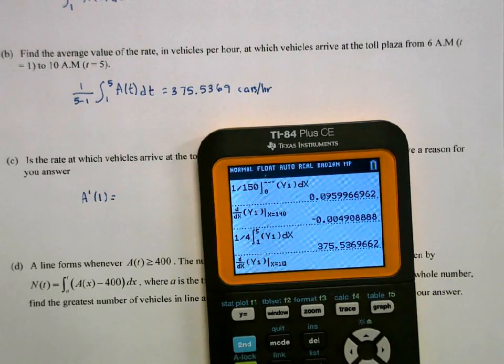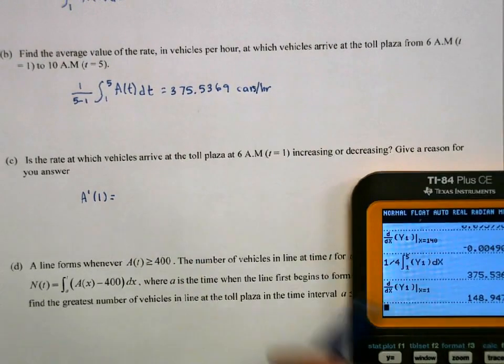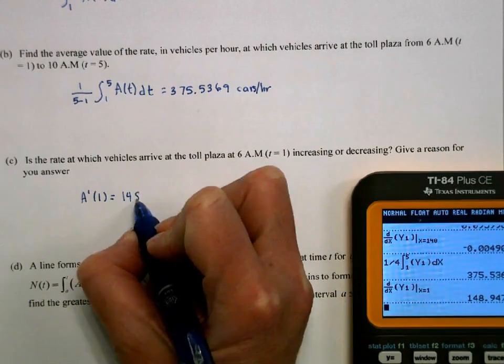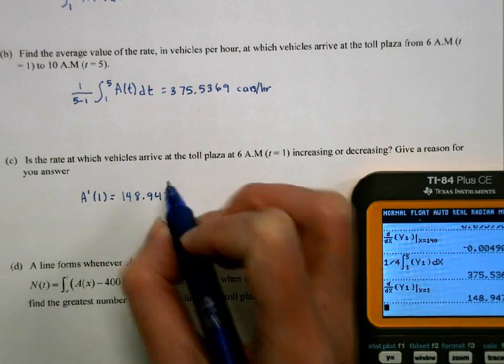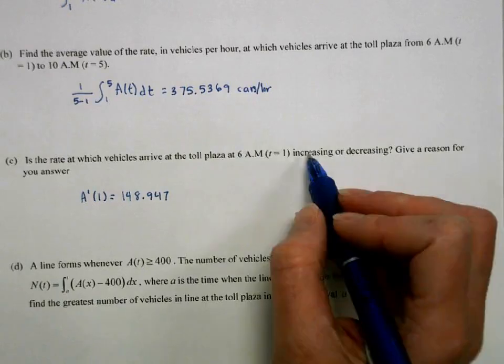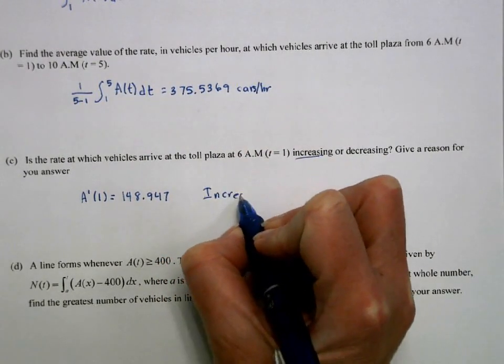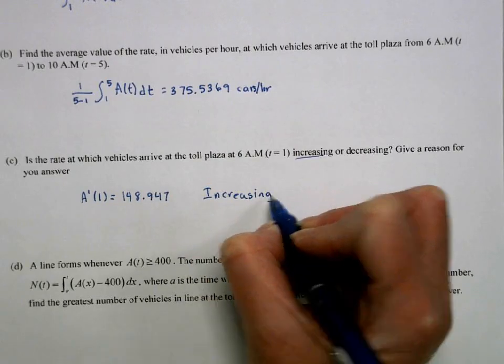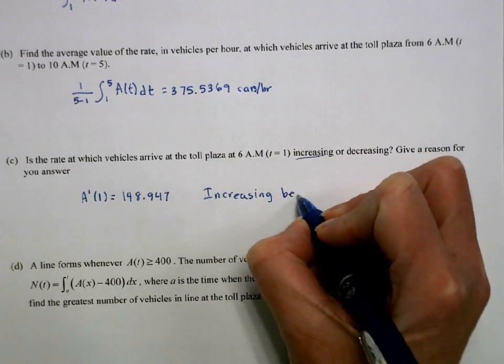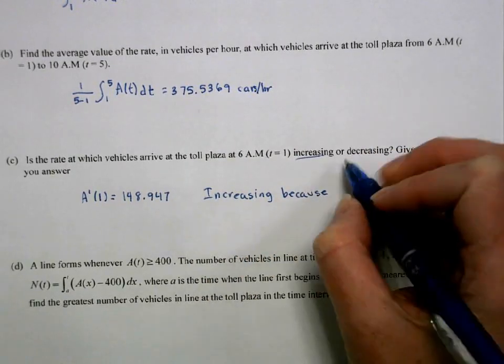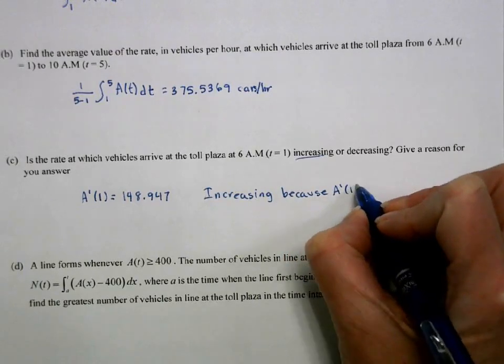And we get 148.947. So is it increasing or decreasing? It will be increasing, because A prime of 1 is greater than 0.